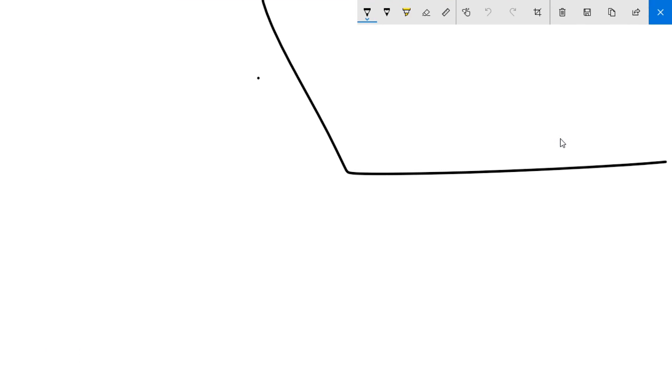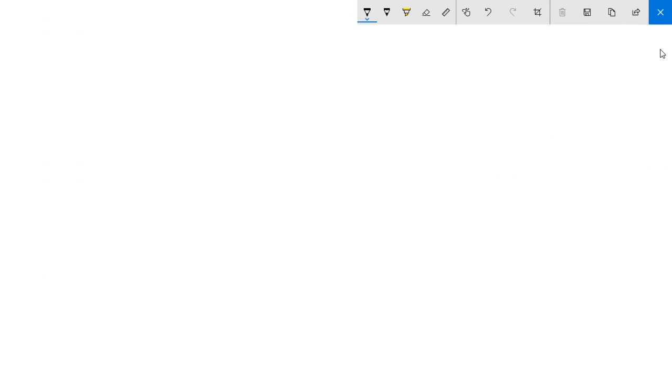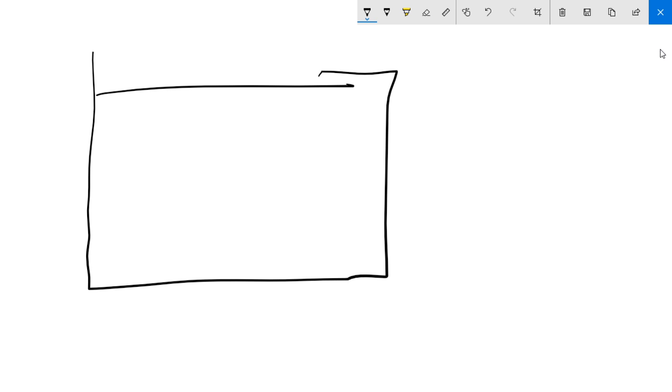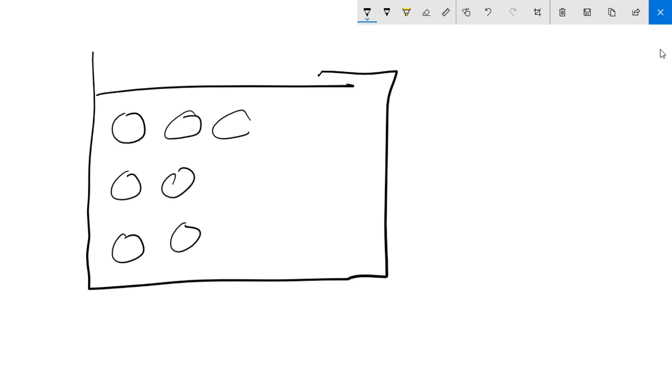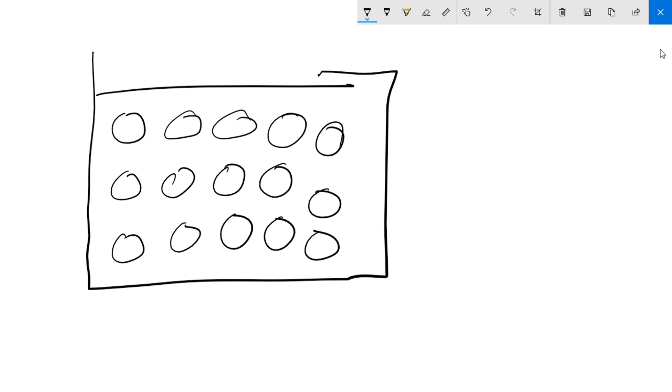What is porosity? For instance, we have a material, and here we have small bubbles inside the material, like these are the air bubbles. So this means this material is porous.